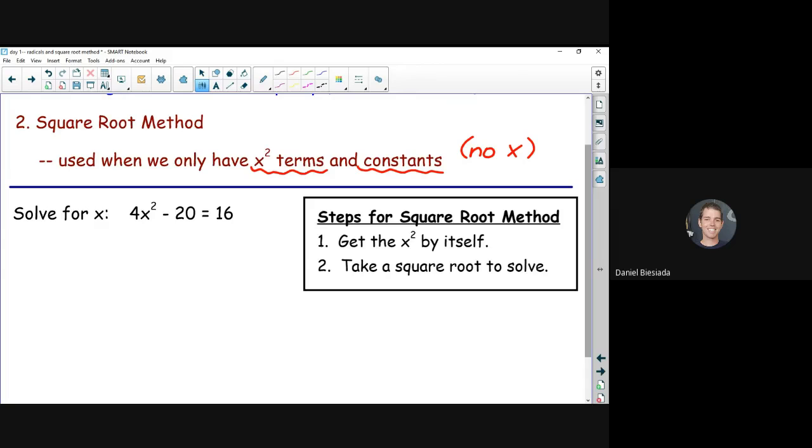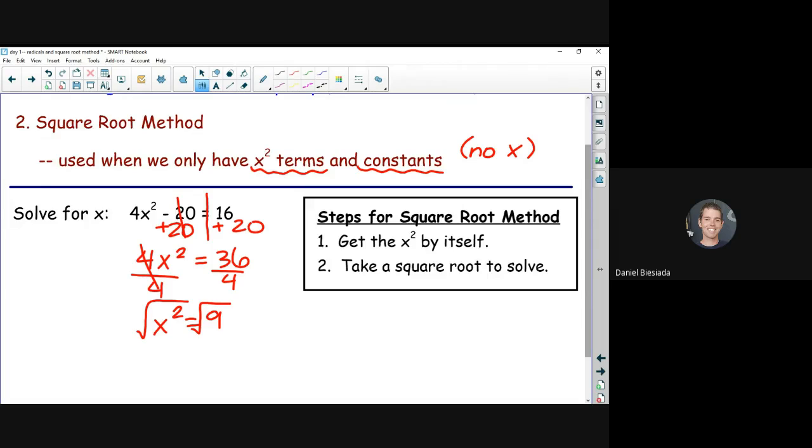X squared is on the left side of the equation, so everything else on that left-hand side of the equal sign needs to get moved over to the right. In this case, I'll start by adding 20 to both sides, giving me 36. I still don't want to take the square root yet, due to the fact that there's still a 4 over there. I will then divide both sides by 4. That gives me x squared equals 9. And once the x squared is by itself, now I can go ahead and take a square root.